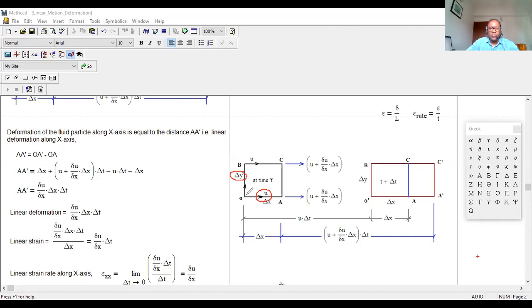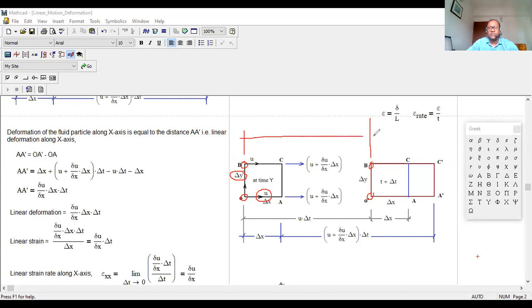So at point O, this fluid element has four corners. O and B both have the same velocity u, so they are traveling with the same speed. After time delta t, they came right over here. So what will be the distance from point B to this position?